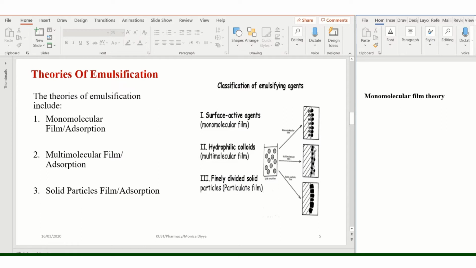And if those agents form multilayered molecular films, it is known as multimolecular film theory.